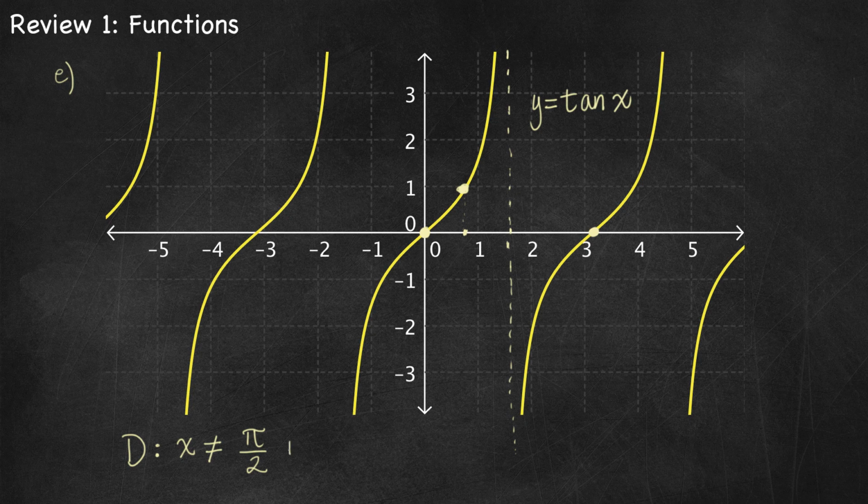Well, we can simply say plus pi times k, but we need to be specific about what k is. We want to get numbers like plus 1 pi, plus 2 pi, plus 3 pi, plus 4 pi, or minus 1 pi, minus 2 pi, minus 3 pi, minus 4 pi. So we want k to be a positive or negative whole number. In other words, we want k to be an integer. So say k is an element of the set of integers.